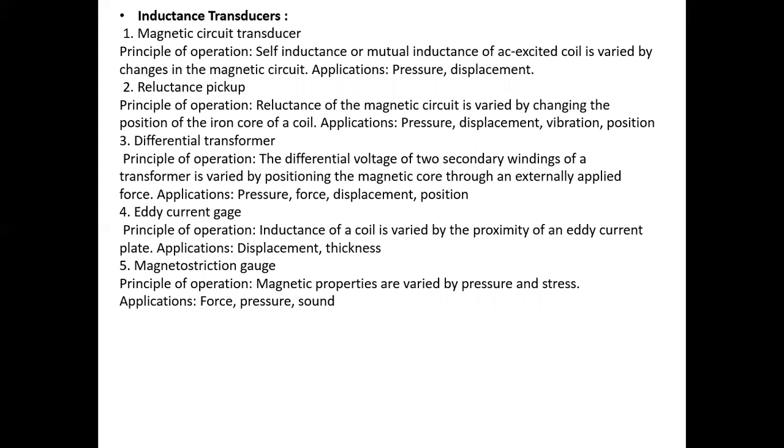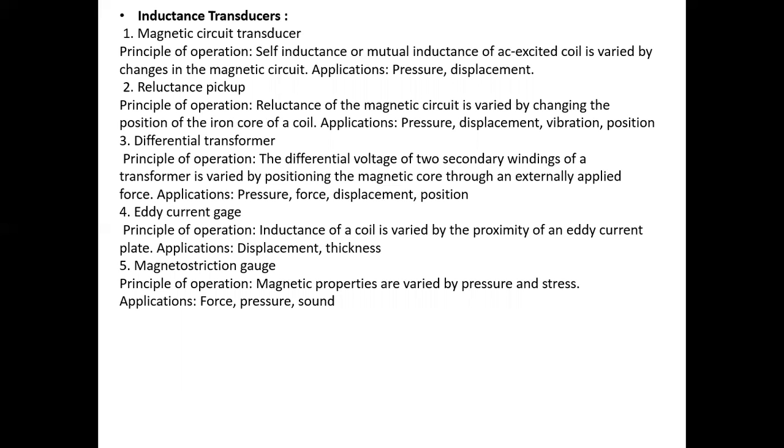Next, the reluctance pickup operates on the principle that the reluctance of the magnetic circuit is varied by changing the position of the iron core of a coil, and it is used for the measurement of pressure, displacement, vibration, and position.